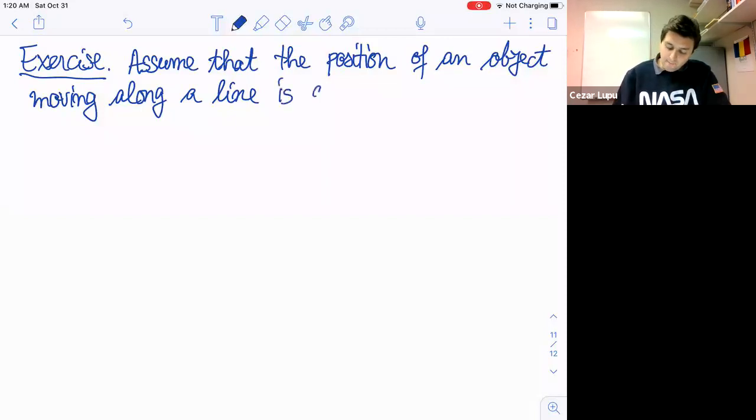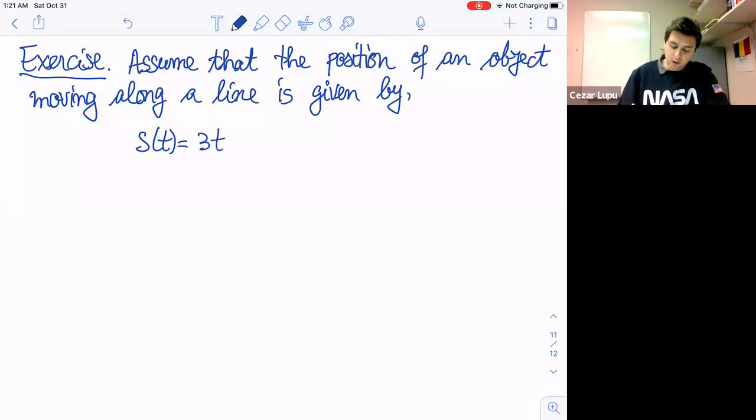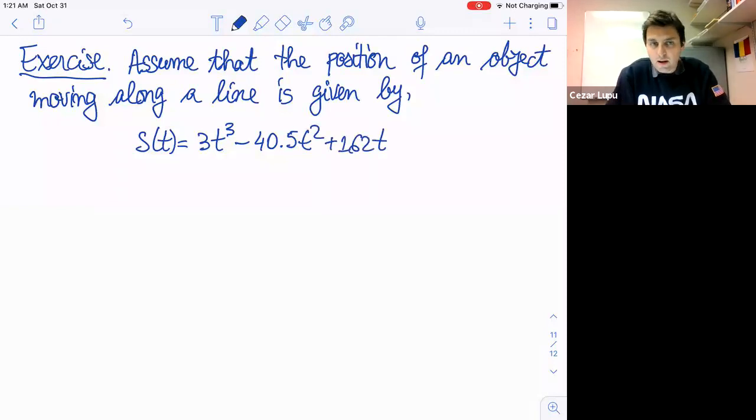It's given by the following function: s of t equals 3t cubed minus 40.5 t squared plus 162 t. Okay, this is one hell of a cubic, right? And for t, I would like to restrict t from 0 to 8.